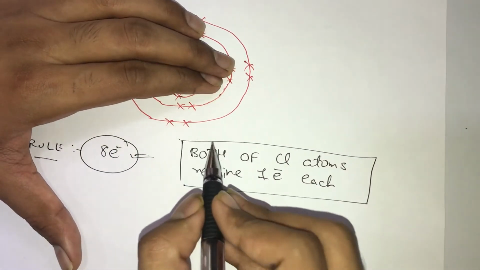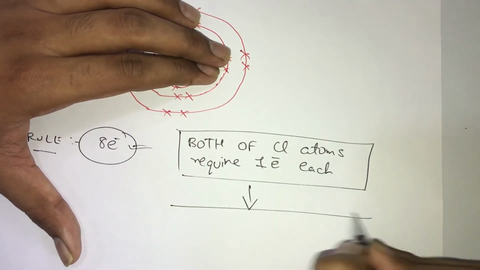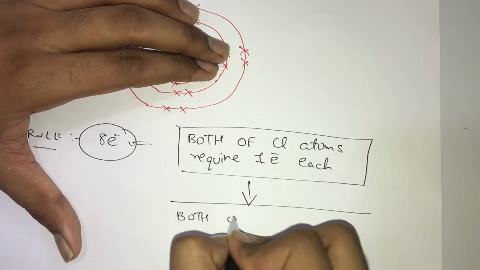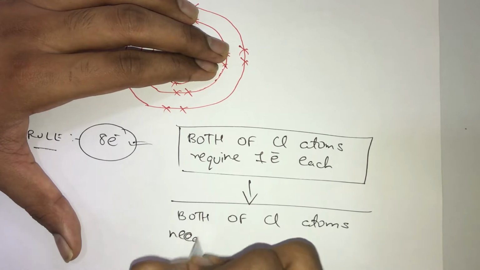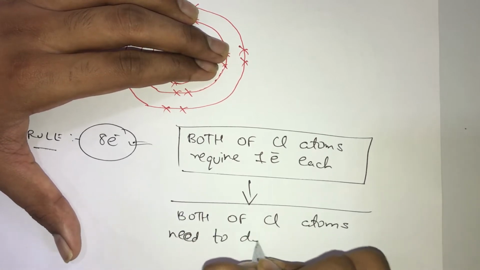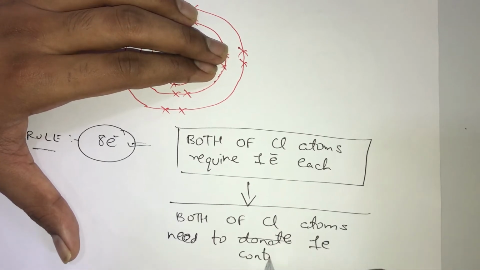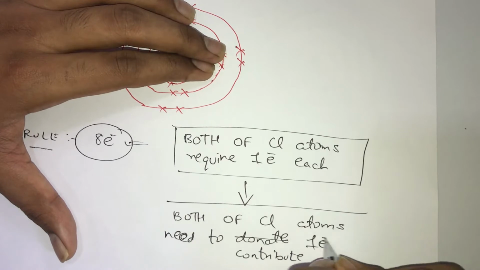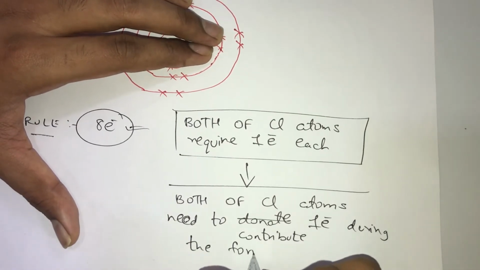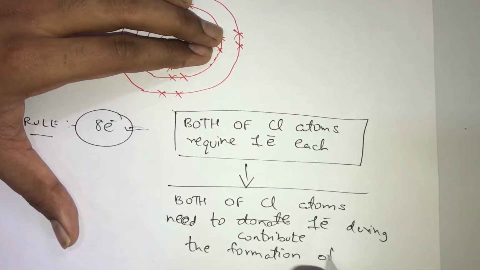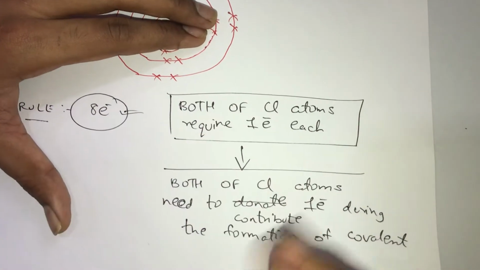So now, since both of the chlorine atoms require 1 electron each, both of the chlorine atoms need to donate, or you can instead say contribute, 1 electron during the formation of a covalent bond. Now how they are going to contribute, don't worry about that, I will explain it to you.